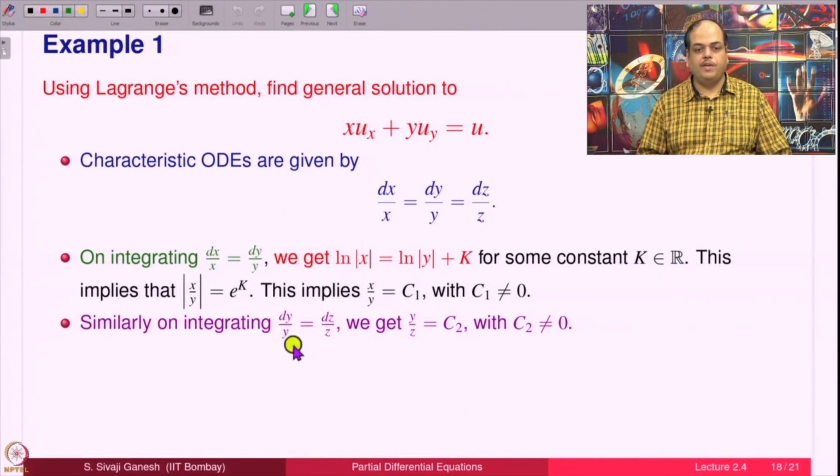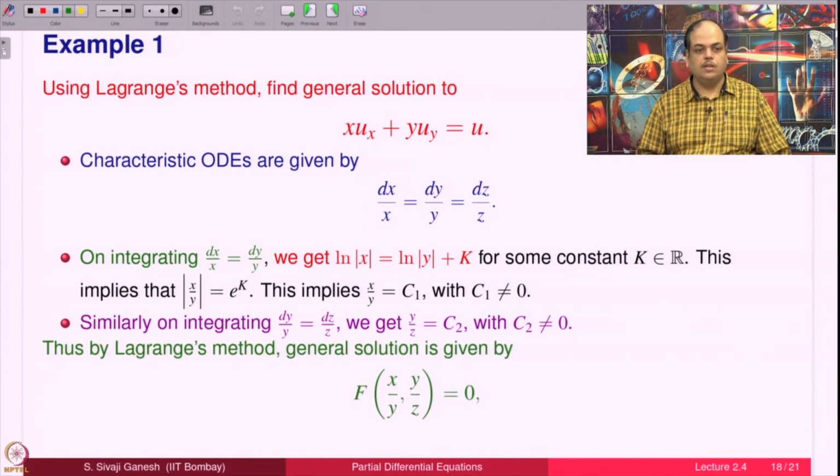Now, from dy by y equal to dz by z, we get similarly y by z equal to constant. Now what we want is phi and psi, so that phi equal to C1, psi equal to C2 together represent characteristic curves. Lagrange's method says F of phi comma psi equal to 0. Therefore, this represents a general solution.